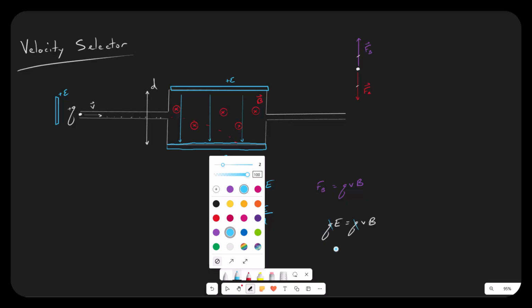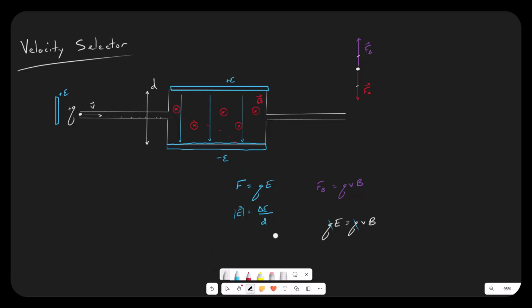This will work for any charged particles, but I need to come up with some way of recognizing what's going on with this speed. So when these two are balanced, I've got that the speed is equal to E over B.